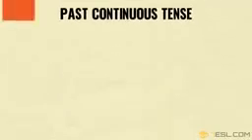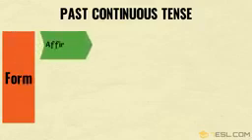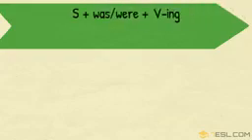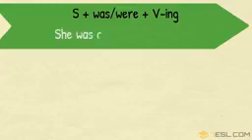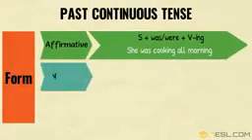Past continuous tense. Form, affirmative. Subject plus was or were plus verb and ing. She was cooking all morning. Negative.